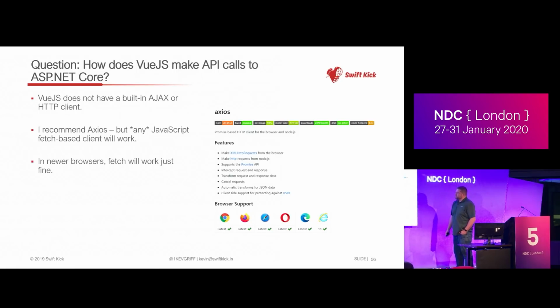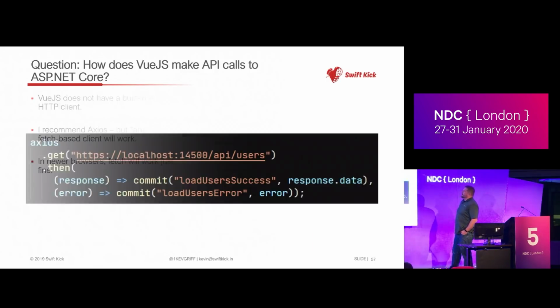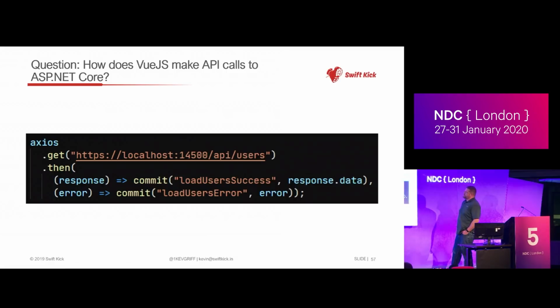I would suggest Fetch. Fetch is great because it's built in every browser, except that guy, I believe. So y'all don't have to support that guy, so do whatever you want. But this is how Axios works. You import the package. You say, I want to make a GET request, a POST request, put, delete, whatever, to our URL.